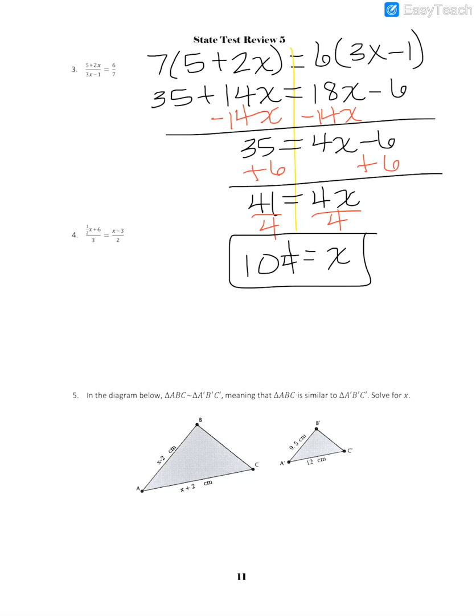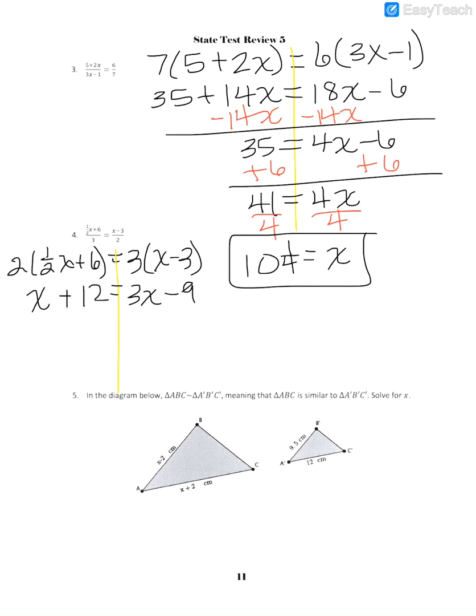All right, number 4, cross multiply. So the 2 goes with the half x plus 6. Remember to use parentheses. 3 times x minus 3. Distribute, we got 1x plus 12. Sorry, that was a mess. 3x minus 9 on the other side.